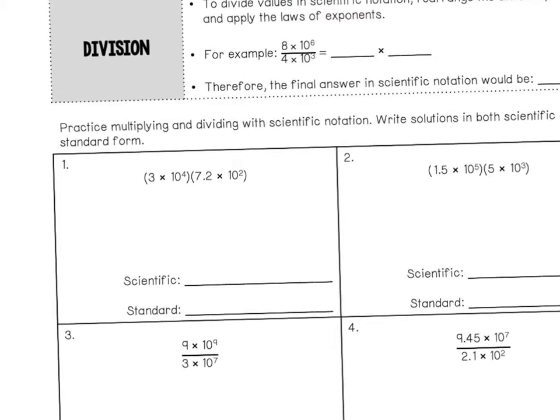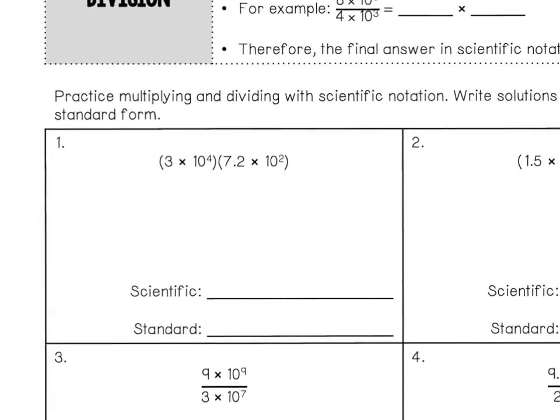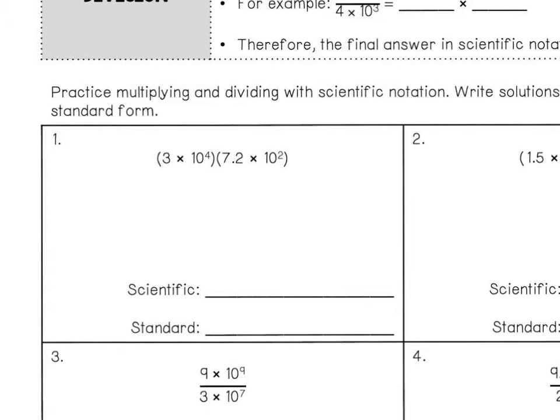So for multiplying your scientific notation, 3 times 10 to the 4th power times 7.2 times 10 to the 2nd power. So we're going to multiply 3 times 7.2 and then 10 to the 4th power times 10 to the 2nd power.